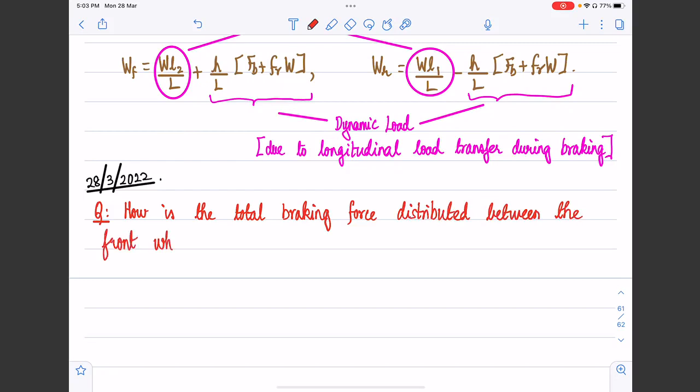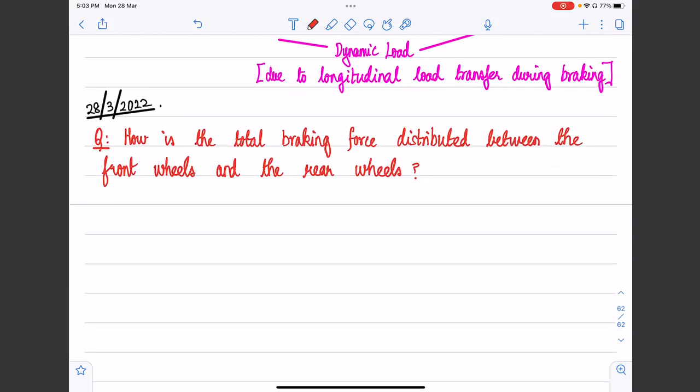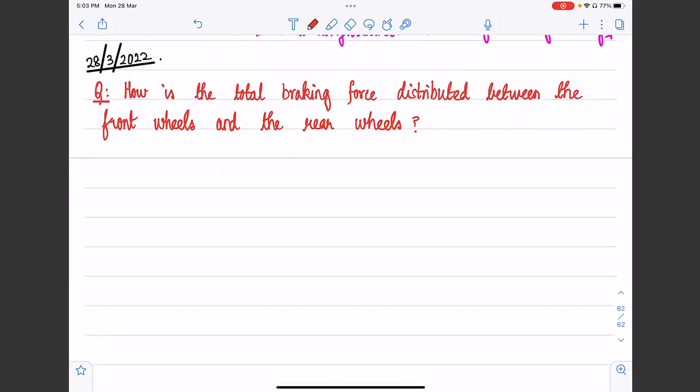This naturally leads to an important concept, which is called the brake force distribution. Brake force distribution, or BFD in short, is essentially a quantification of how the braking force is distributed between the front and the rear wheel.